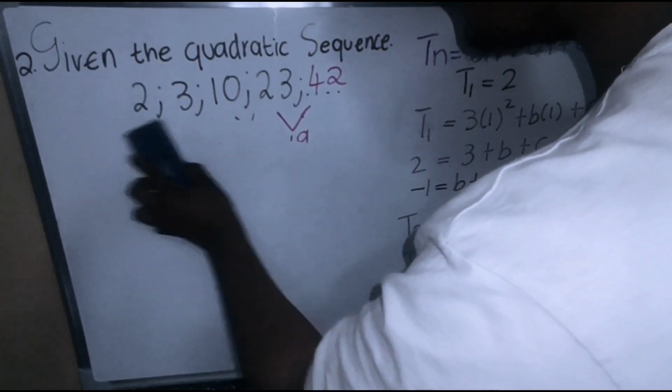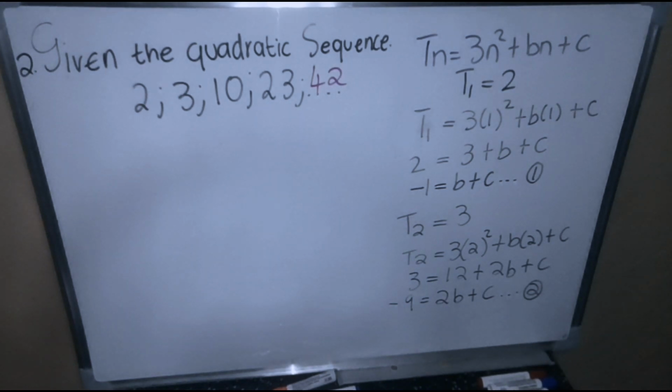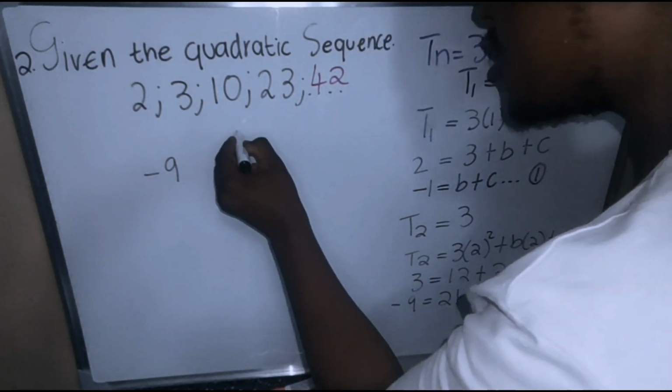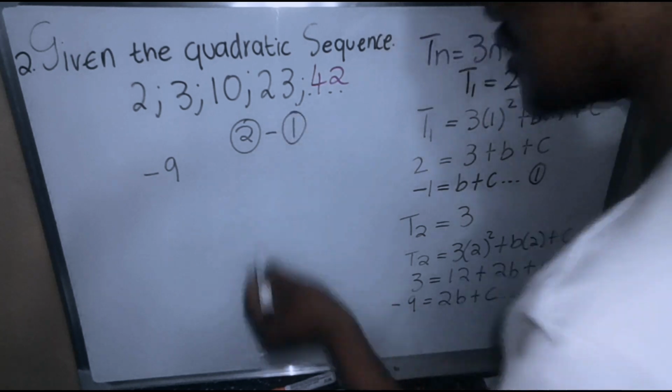I'm not done, guys. Now, I've got 2 equations here, and this is simultaneous equations, basically. To continue with these 2 equations, I can use equation number 2 minus equation number 1.